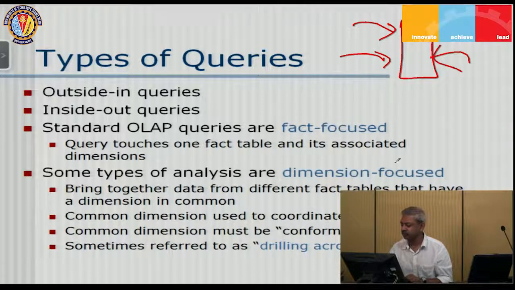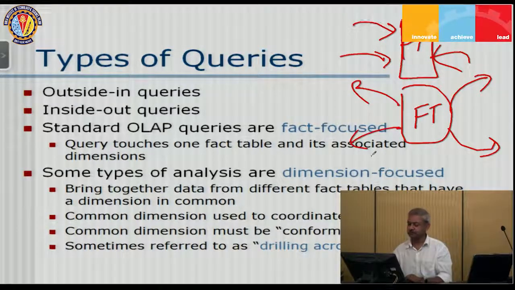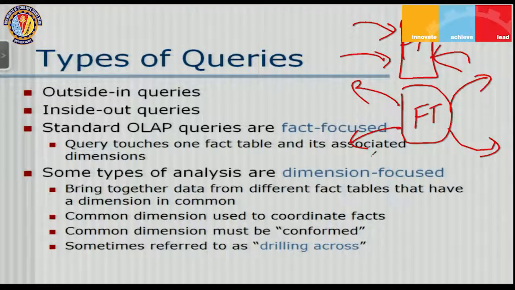So outside-in queries are like this: you move into the fact table, and inside-out queries are that from the fact table you move out, right? And then we also categorize them into fact-focused and dimension-focused. Standard OLAP queries are fact focused. A query touches one fact table and its associated dimensions, so that is fact focused. And then we also have queries that are dimension focused.